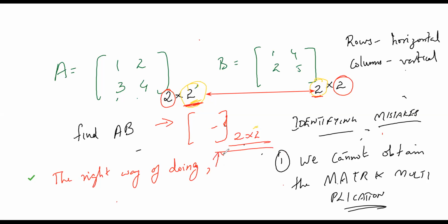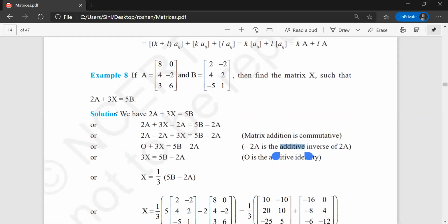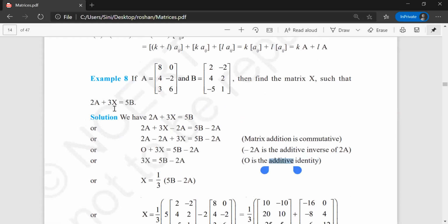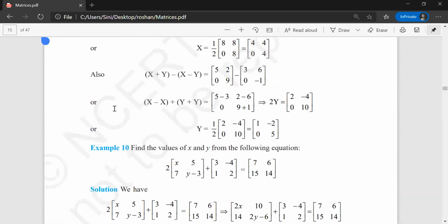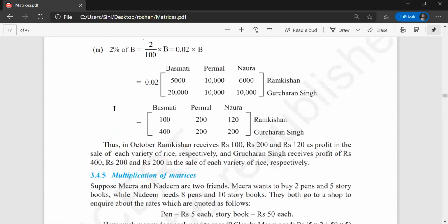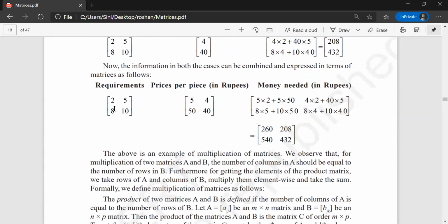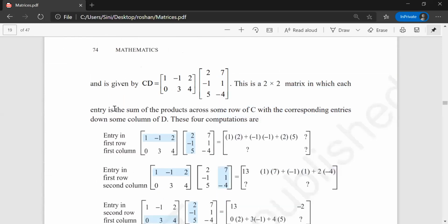That's it. So now the next step is how to do this matrix multiplication. Correct? Very easy. So let's see a very easy question where we can do the matrix multiplication, and the kind of questions which will come in the examination.